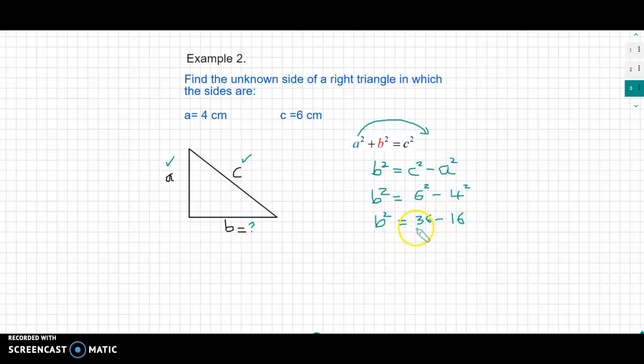So in that case, guys, we can subtract 36 minus 16, and that is 20. All right, so B squared equals 20. Okay. All right, guys, remember that we need to find the value of B, not the value of B squared. So what do we have to do here?